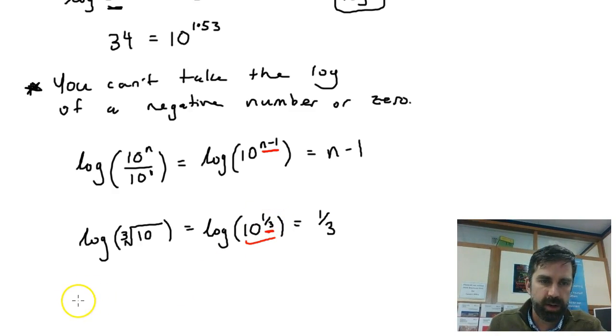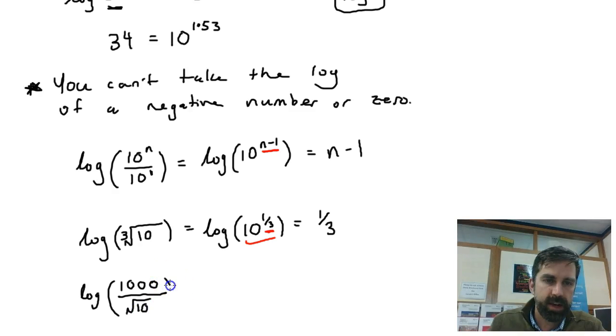And we can combine all of these things in quite complex ways. For example, if we had 1,000 over the square root of 10, that's the same as the log of 10 to the power 3 over 10 to the power of a half.